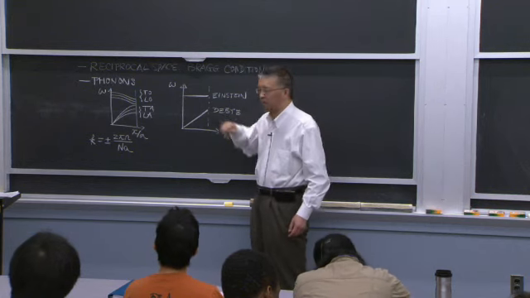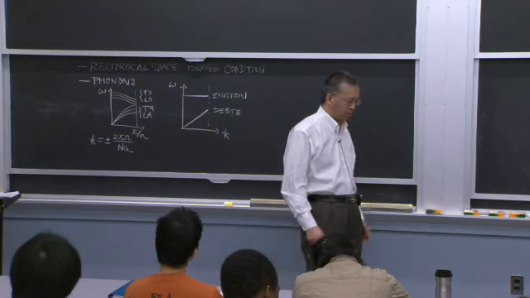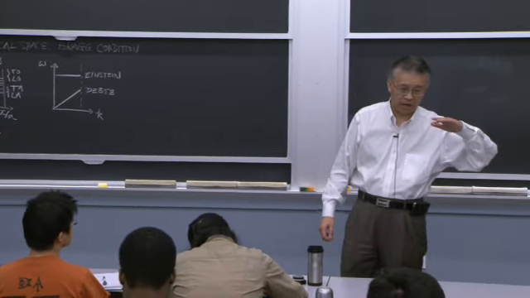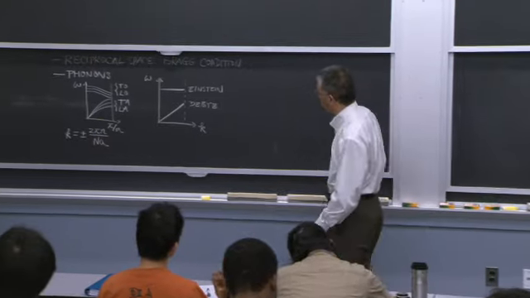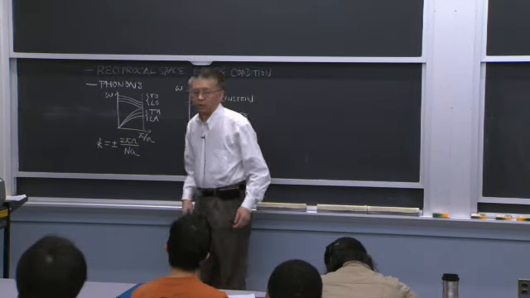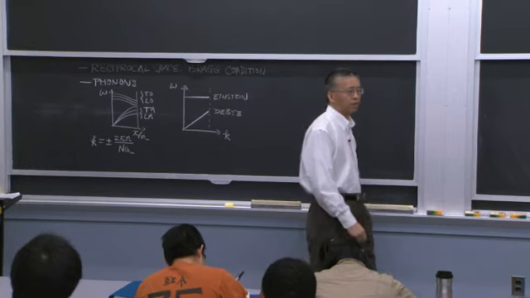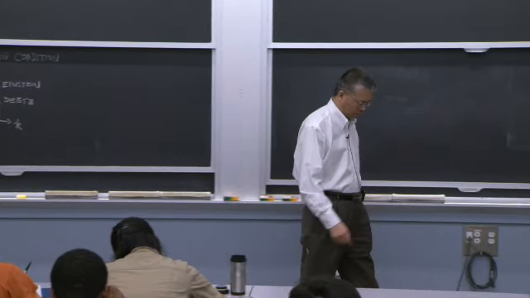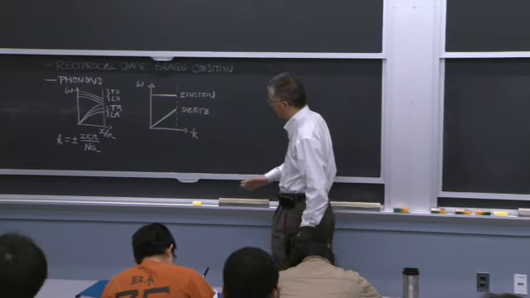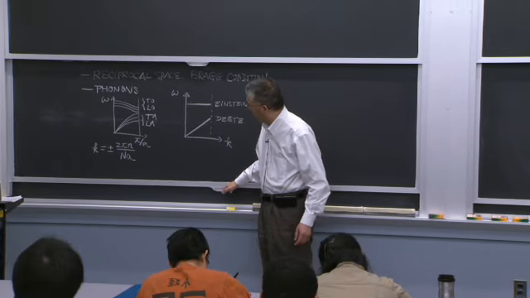The other is what Einstein originally proposed, just a constant frequency. That's the Einstein model. You can see that the Einstein model is closer for the optic phonons, and the Debye model is closer for the acoustic phonons. So that's where we were.